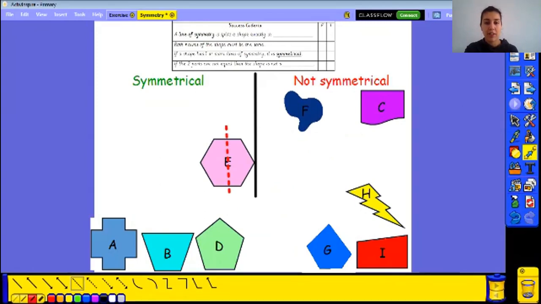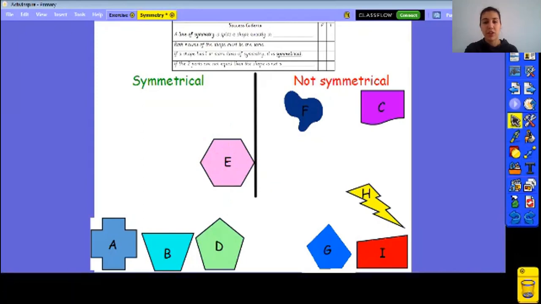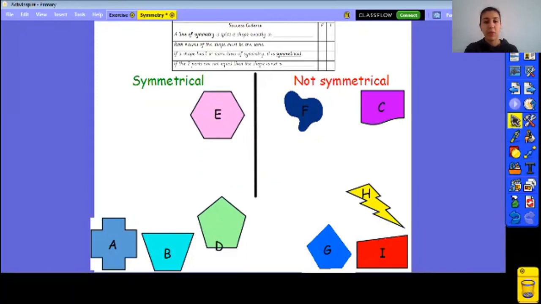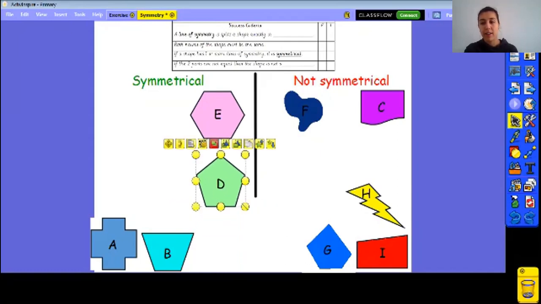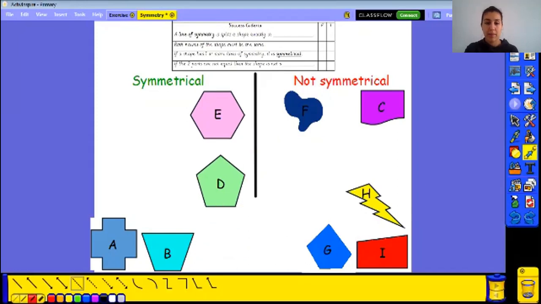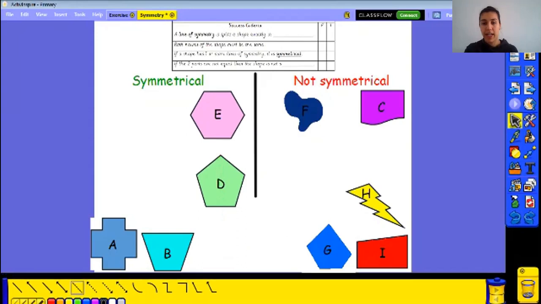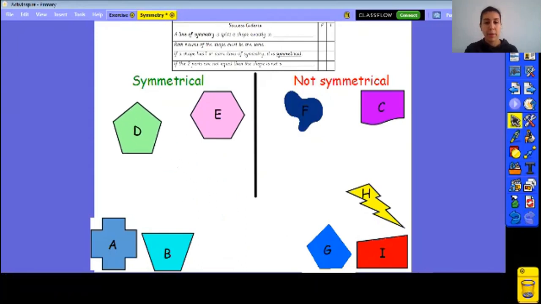So if I were to go down the middle, that would have a line of symmetry going vertically, horizontally, and diagonally as well. So that shape is symmetrical. What about our regular pentagon? Well, our regular pentagon can be split vertically. So that definitely has at least one line of symmetry.